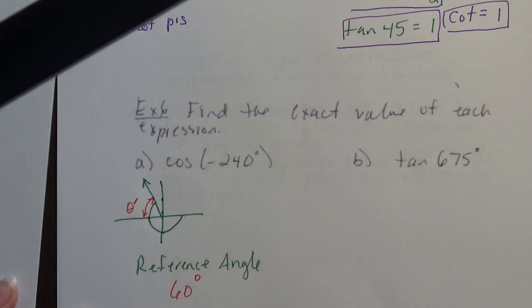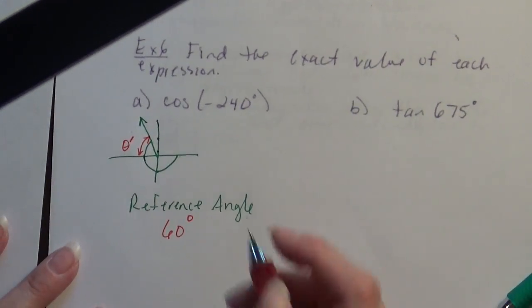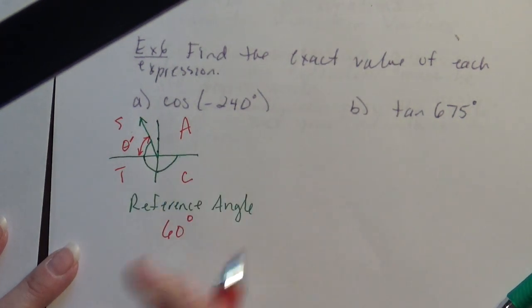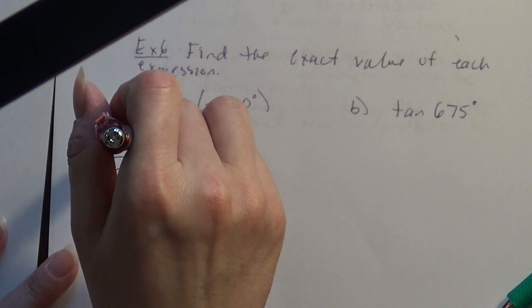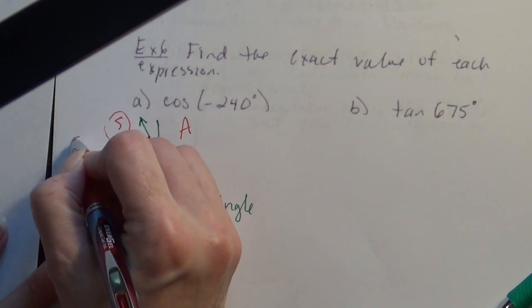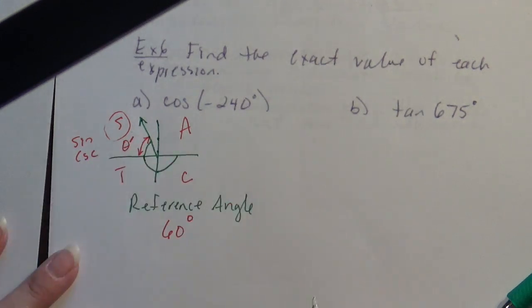And from here, is it going to be positive, negative? So we think about All Silver Teacups. Our angle is in quadrant 2 here, and this is the S quadrant, so that means sine and cosecant are positive.